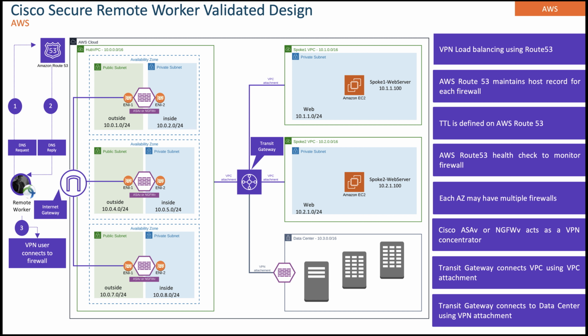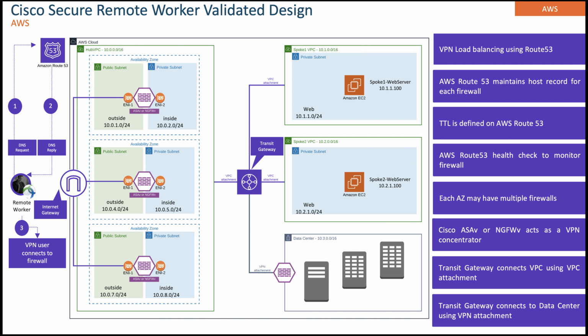And then on the left hand side, you can see Route 53. We use Route 53 to load balance our VPN session. So imagine you have a remote worker on the internet. Your user will initiate a connection to, for example, abc.vpn.com.